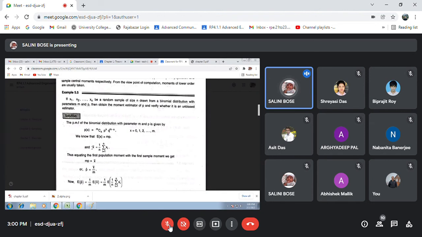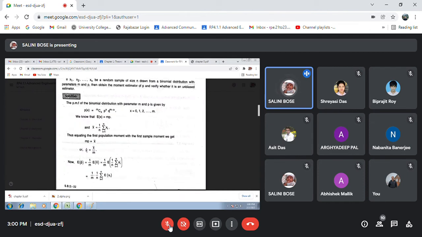So at first we will equate those. MP is the population moment, and X bar is the sample moment; both are in terms of the mean. So we can write MP is equal to X bar, and from this we write P cap is equal to X bar by M. Why have we given this cap?